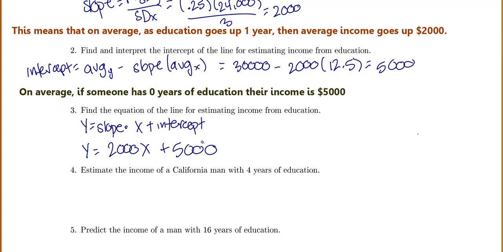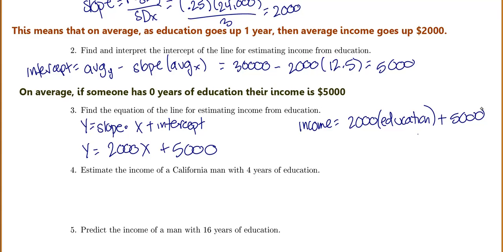You can leave that as your final answer. I like to put in words instead of x and y since this is a statistics class. So I might say income equals 2,000 times education plus 5,000. This just helps me remember which variable is which.